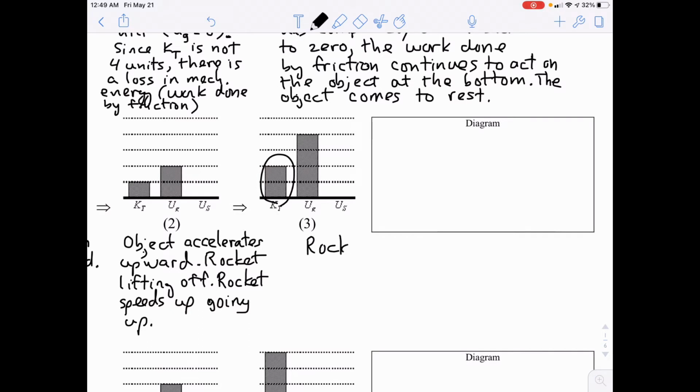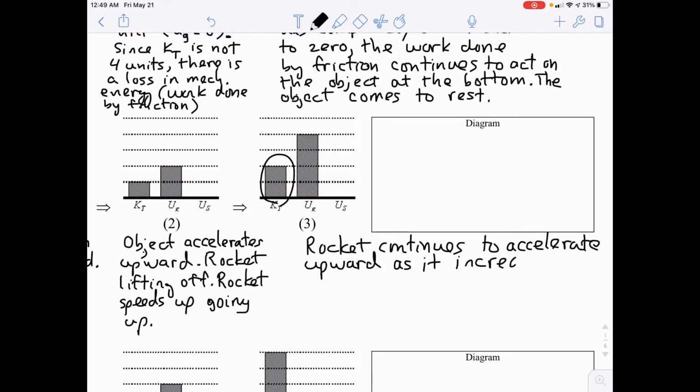The rocket continues to accelerate upward as it increases in height.